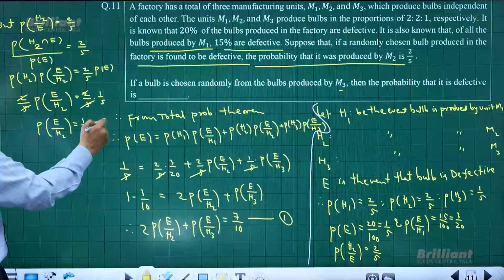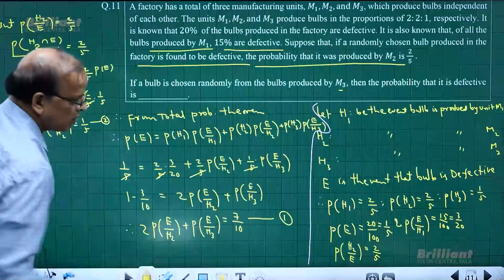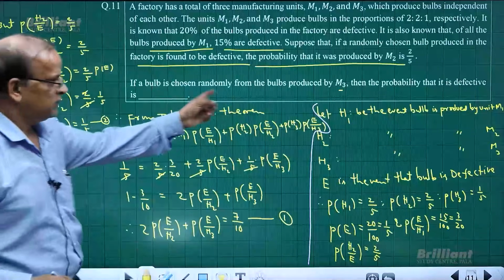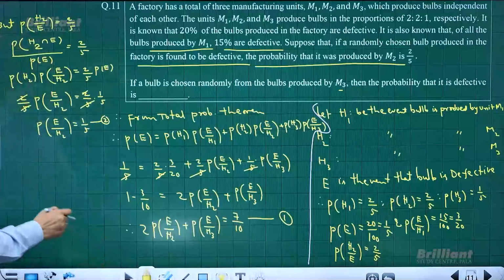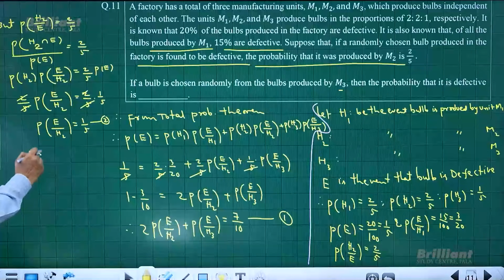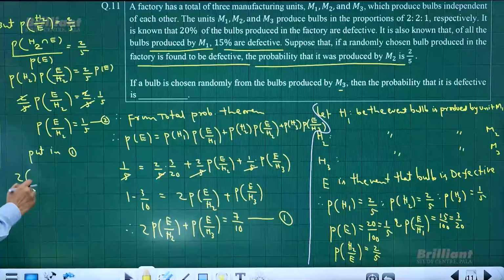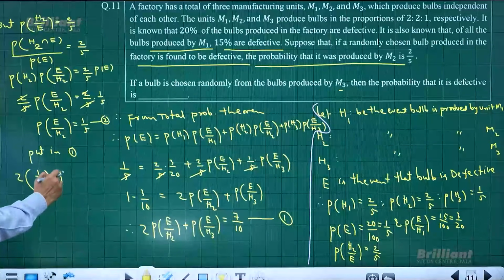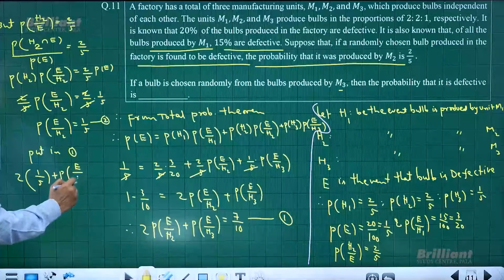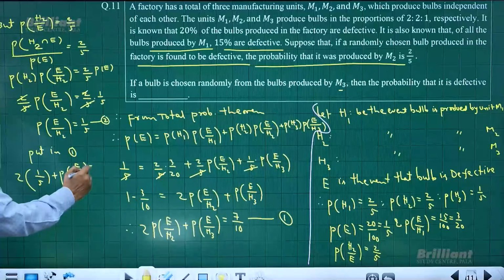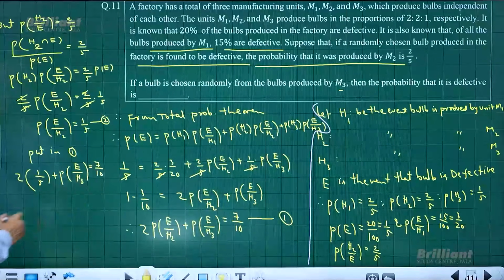Put this in equation 1: 2 times P of E by H2, which is 1 by 5, plus P of E by H3, this only we want, is equal to 7 by 10.